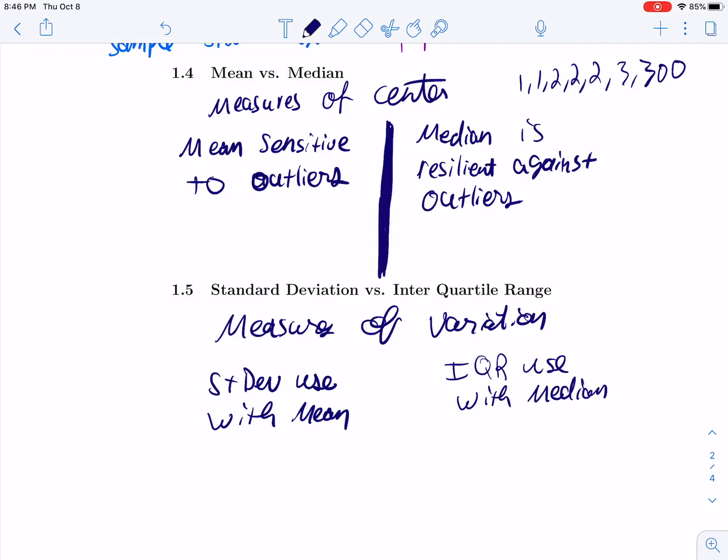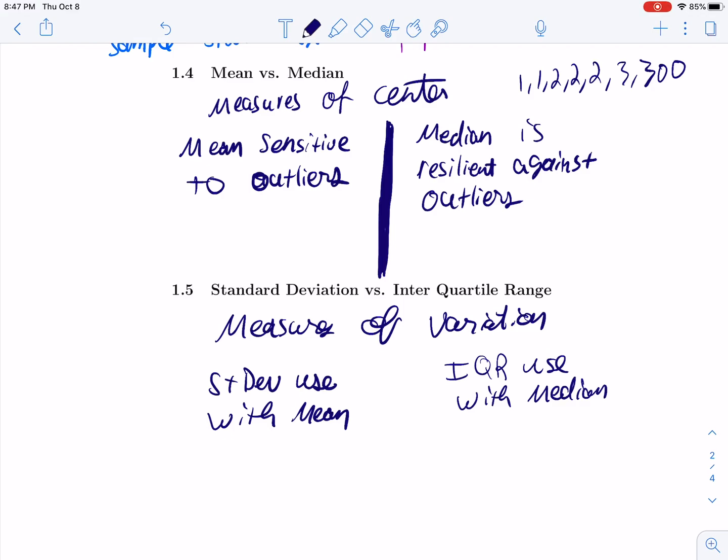So anytime you use the median to describe your center, you want to use the interquartile range as a description of your variation. Why is this? Well, if you remember from the calculation of the standard deviation, we use the mean a lot. And if you remember from our calculation of the interquartile range, it's just the median of the median. So they are very much related to whatever measure of central tendency we're using.